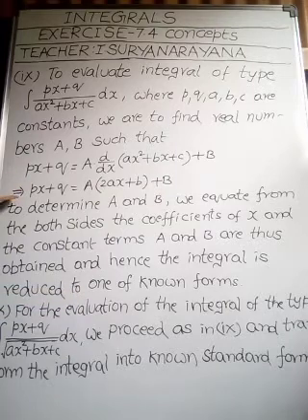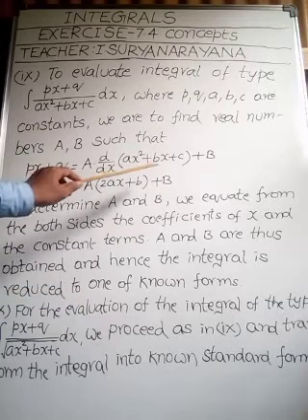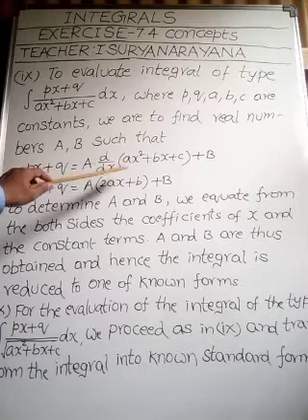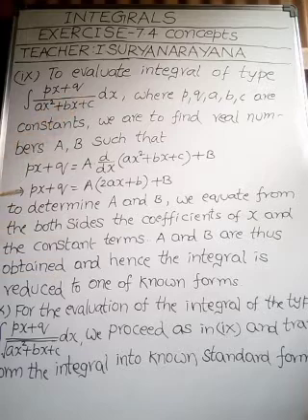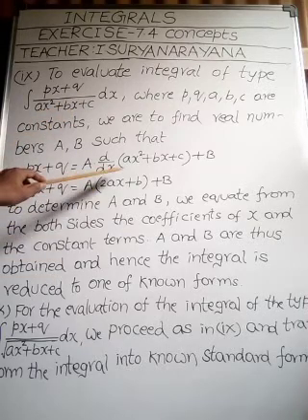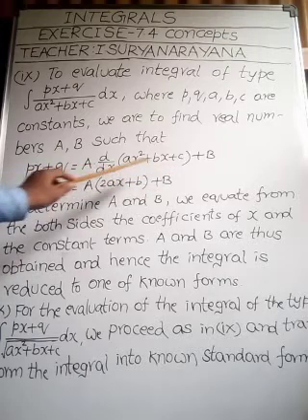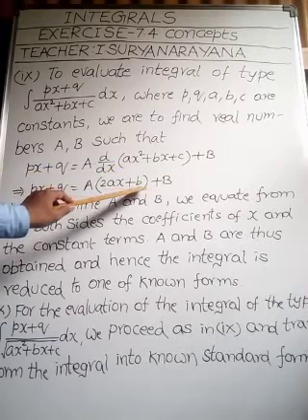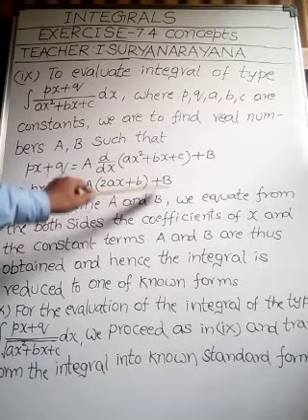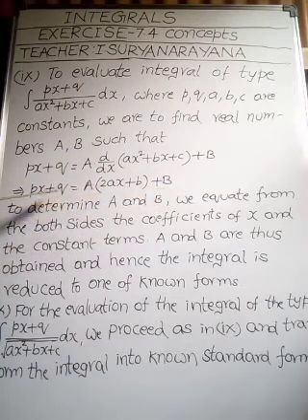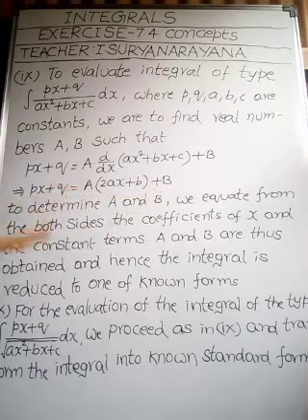Understood this step, my children? This is an important step to find the integral of the type in this form. This implies px plus q is equal to capital A into the derivative of this expression, which is 2ax plus b, plus capital B. We get this equation.